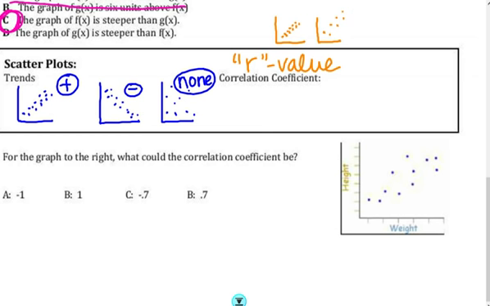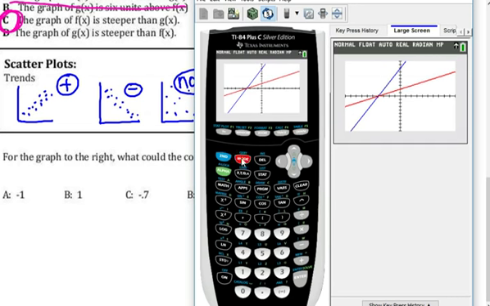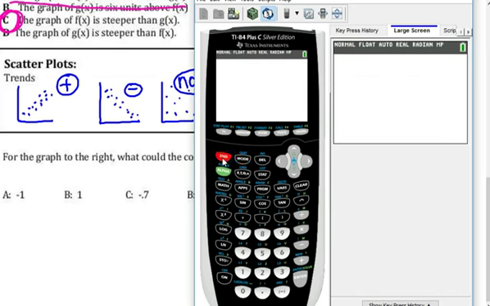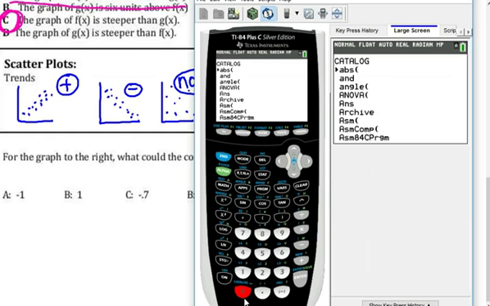If you get your calculator, you have to go to second zero. That gives us the catalog function, and then you have to scroll all the way down until it says diagnostic on, and then you'll hit enter twice whenever it says done. I'm not going to scroll all the way there right now because it takes forever to do it on the computer calculator.